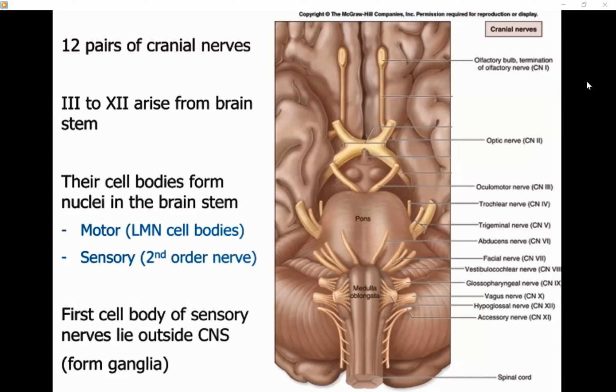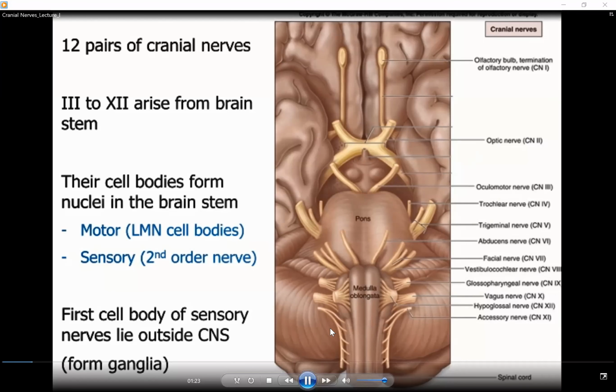Similar to that, the first order neuron cell bodies of the sensory cranial nerves also lie outside the brain, in ganglia. Trigeminal ganglion of the trigeminal nerve, geniculate ganglion of the facial nerve, and the ganglia on the vestibulocochlear nerve are examples.